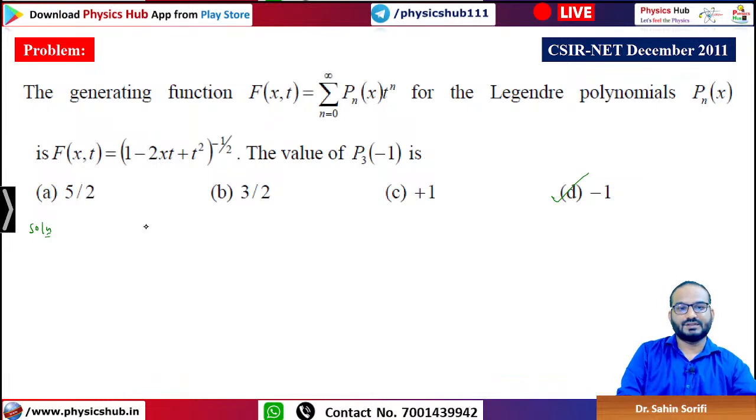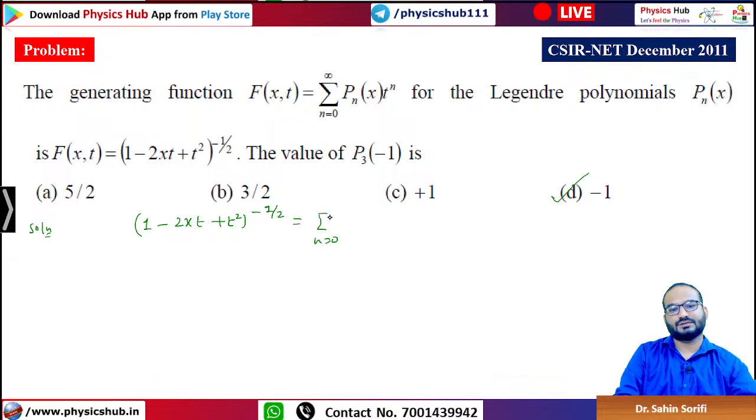So we can use this generating function (1 minus 2xt plus t square) to the power minus half equals the sum from n equals 0 to infinity of Pn(x) t to the power n. Look, for this problem they have already given you the generating function, but it may happen that you are not given the generating function. So you should remember. So what you do, you put x equals to minus 1, as we expect P3 at minus 1.